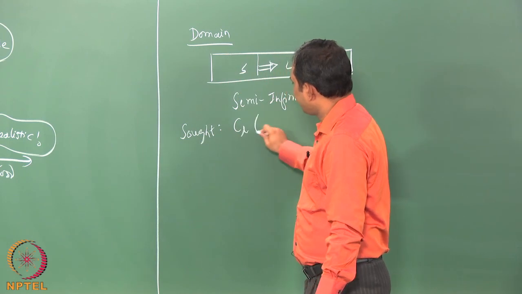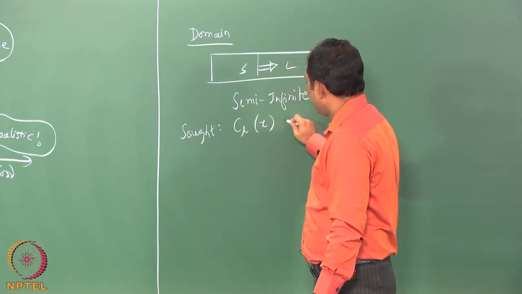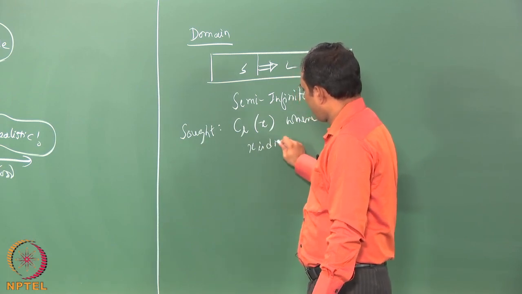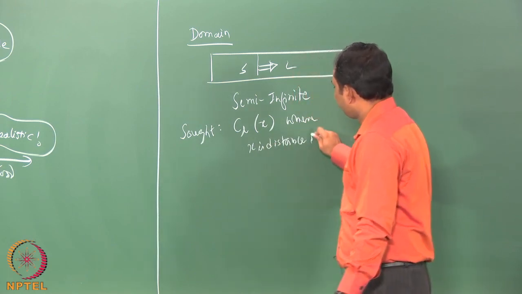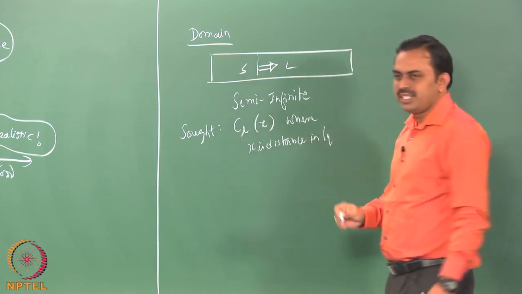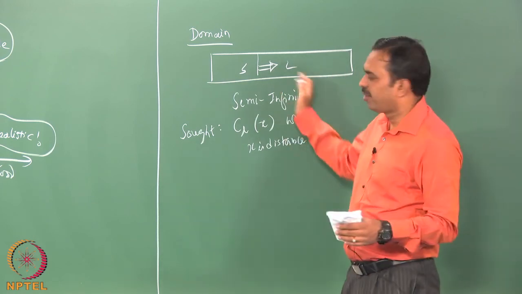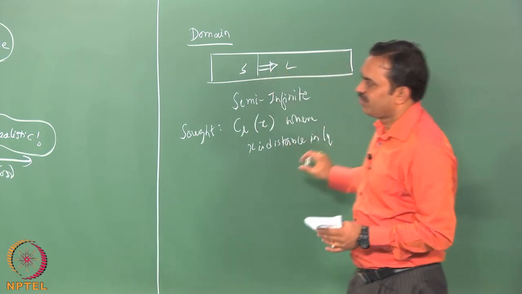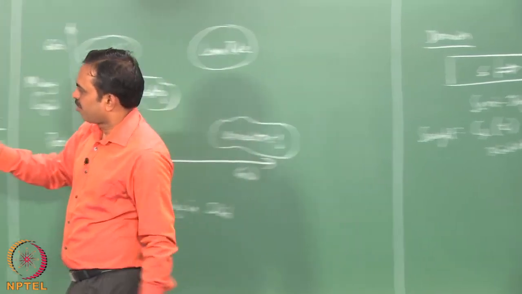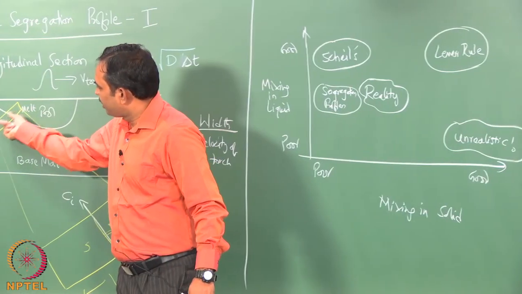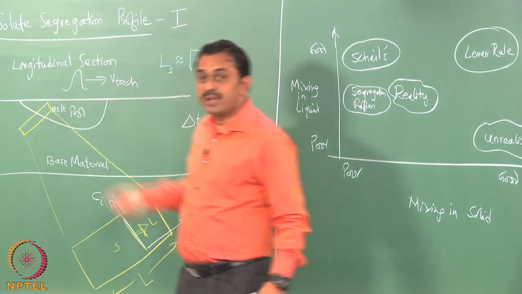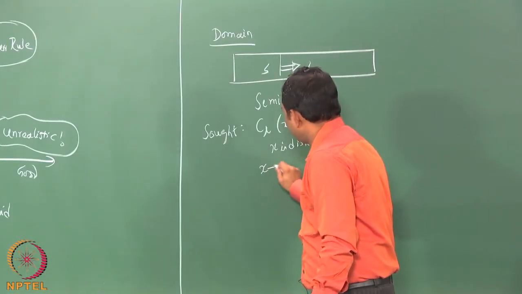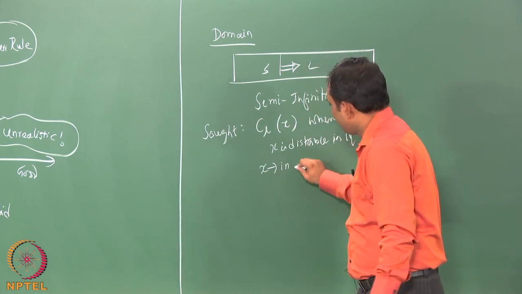Composition in the liquid as a function of distance, where x is the distance in the liquid, which means that we want to have a solution in a domain which is actually attached to the interface and is moving, which means that we are actually looking at the solute profile in the liquid zone, but as it is solidifying we are only looking at the remaining liquid. So, which means that our distance x is in a moving coordinate system.